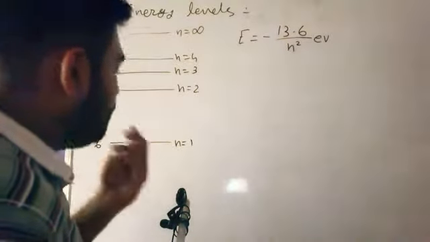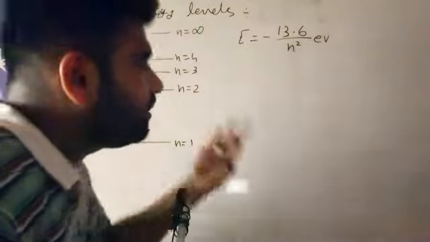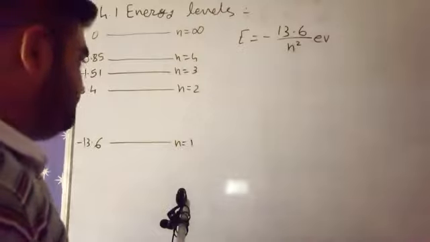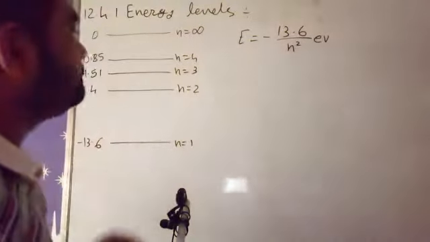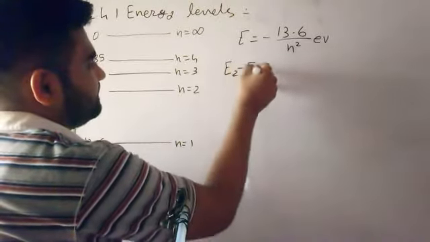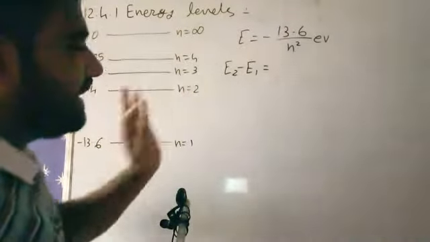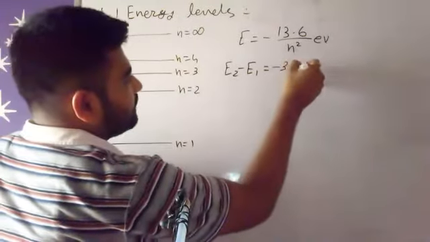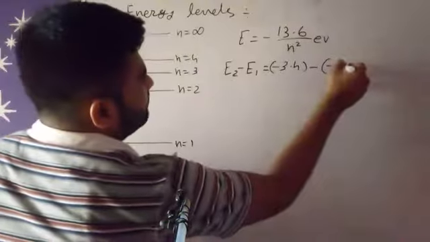To move the electron out from this particular orbit, we have to give more energy to that electron, right? For example, if we want to transition the electron from 1 to 2, what do we have to do? E2 minus E1, where E2 is our final energy level, minus 3.4, minus E1, which is minus 13.6.